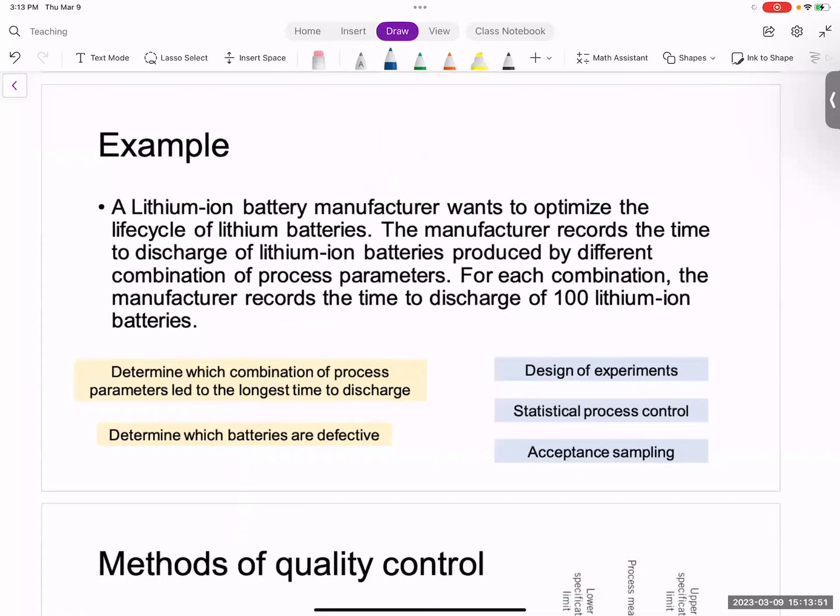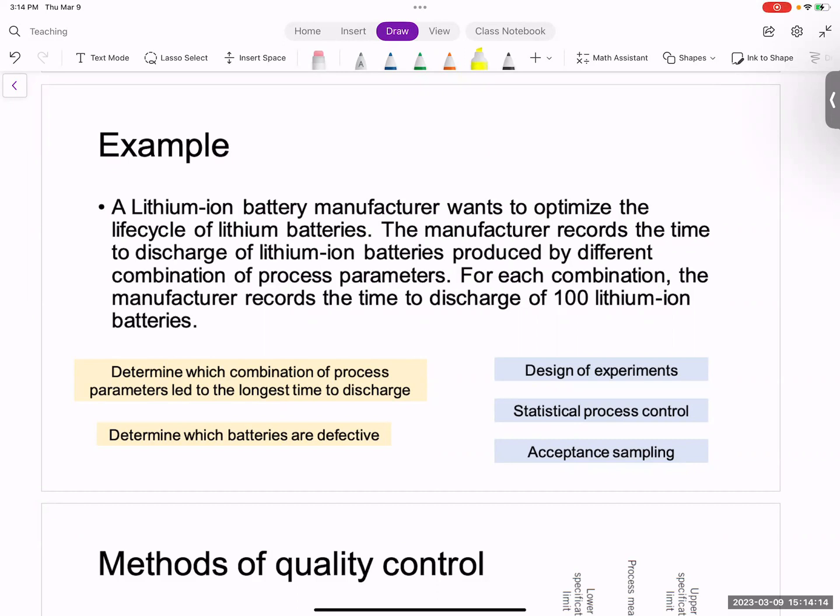Let's see, a lithium-ion battery manufacturer wants to optimize the life cycle of lithium batteries. The manufacturer records the time to discharge of lithium-ion batteries produced by different combinations of process parameters. So this manufacturer is basically running experiments with different combinations of process parameters, and then they are recording the time to discharge.